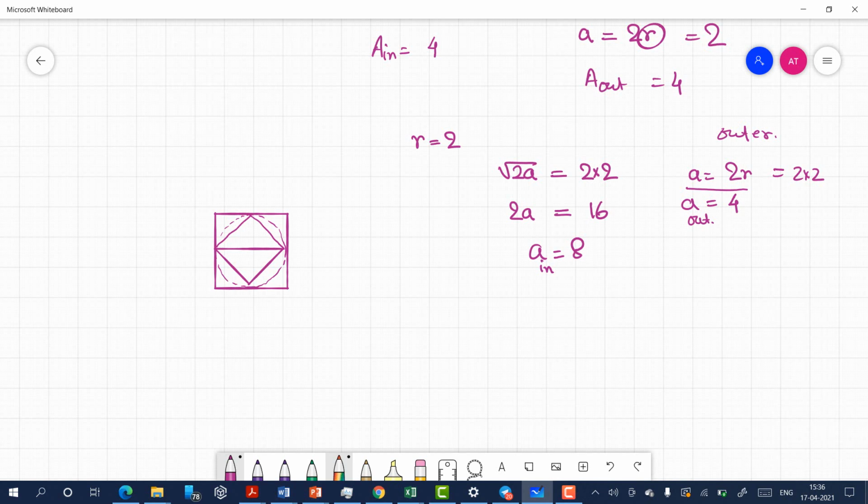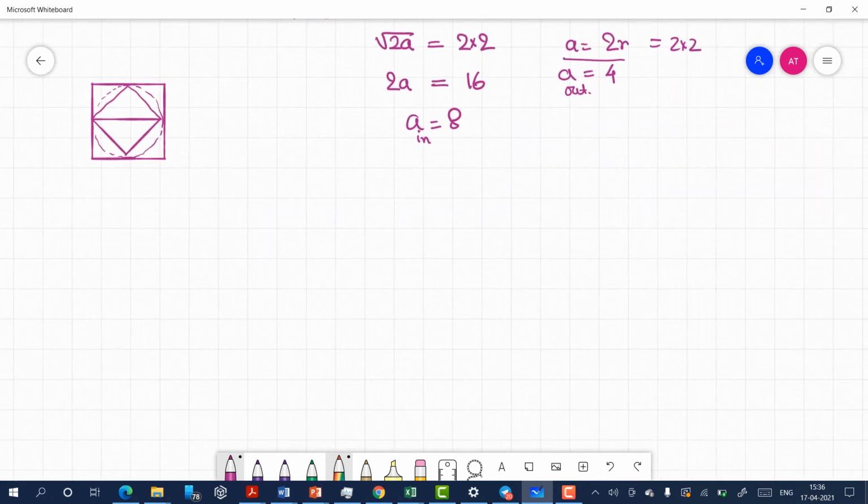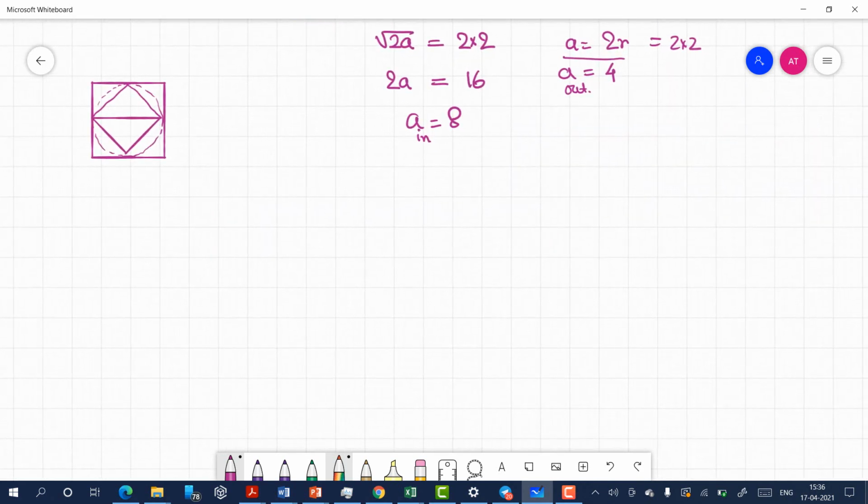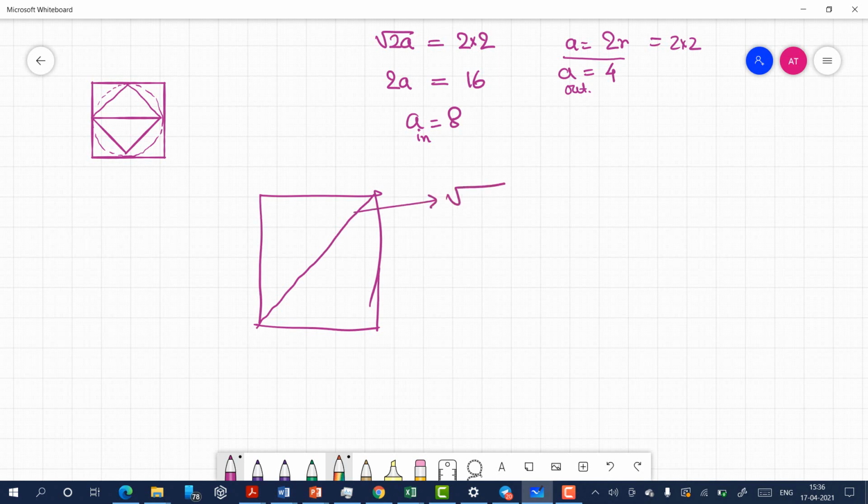Okay, but we have done it before. So let us look at the inner square, the square which is inside, and the diagonal length is equal to 2r, right?